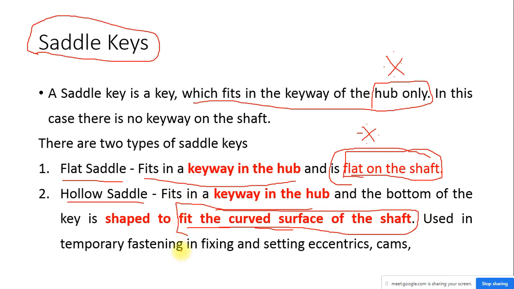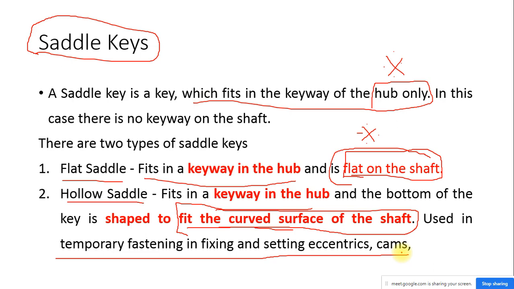For the shape of the shaft you will have a curved shape with which you can fit a particular key. So this is used in temporary fastening and fixing and setting eccentrics and cams. So I hope you have the answer over here. Basically these saddle keys are used in temporary fastening, in fixing and setting eccentrics and cams.